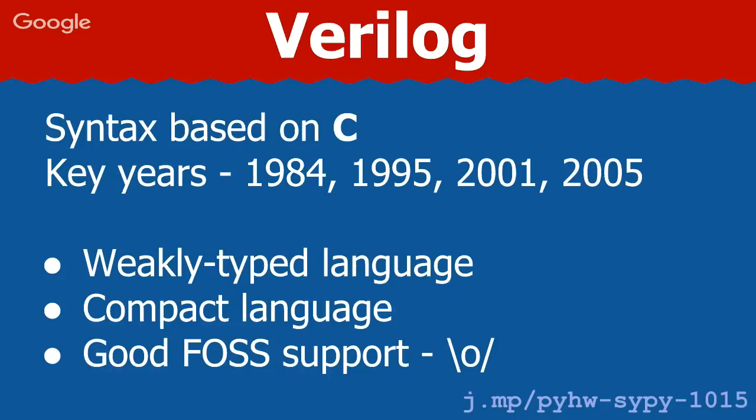It's a weakly typed language. It's very compact, like C, and it has pretty reasonable open source support. There's a simulator for Verilog, some compilers, some tools for working with it. And that's one of the languages you can use.